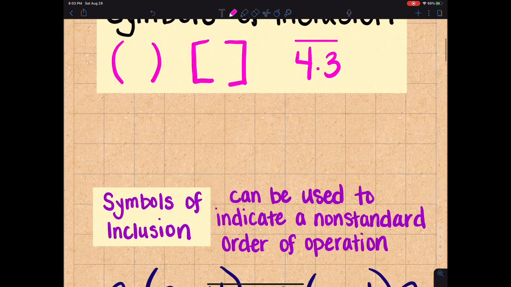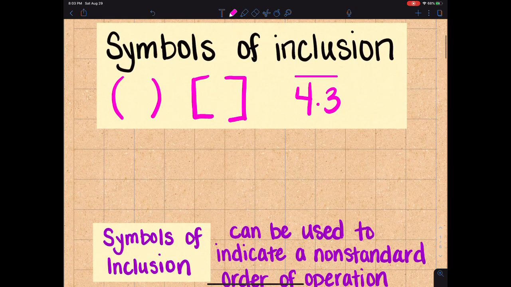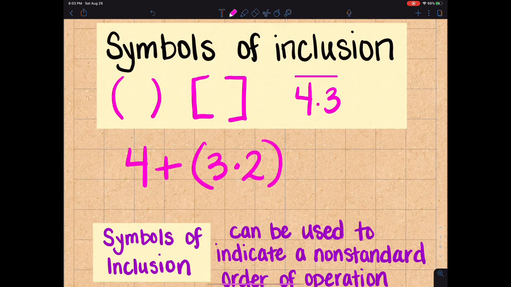Okay, well, let's do the examples. I didn't write the examples here, but they're on page 54, and I'll just write some of them down, okay? So the first is 4 plus 3 times 2. Now, of course, you would already know that you do what's inside the parentheses first, so you would do that part first. 3 times 2 is 6, so it's 4 plus 6, and the answer is 10, just like before.